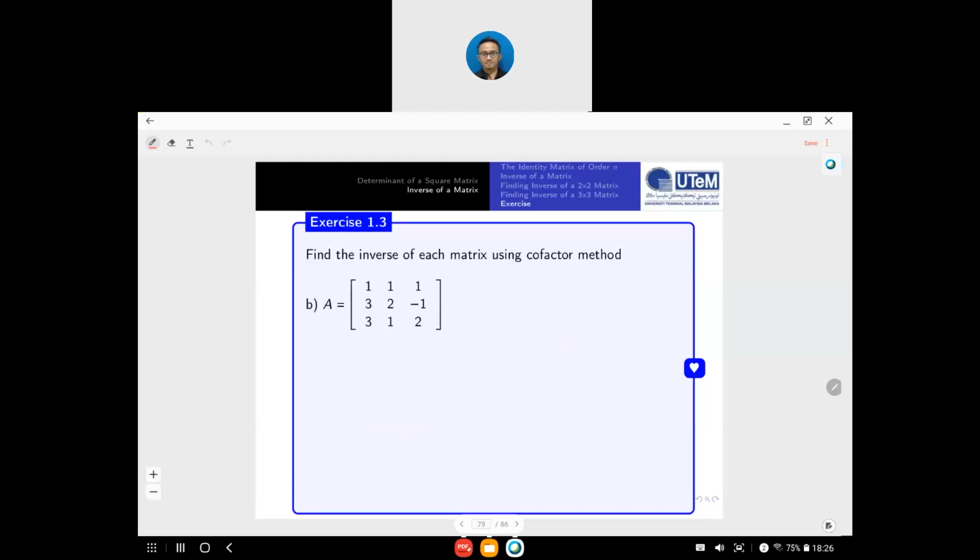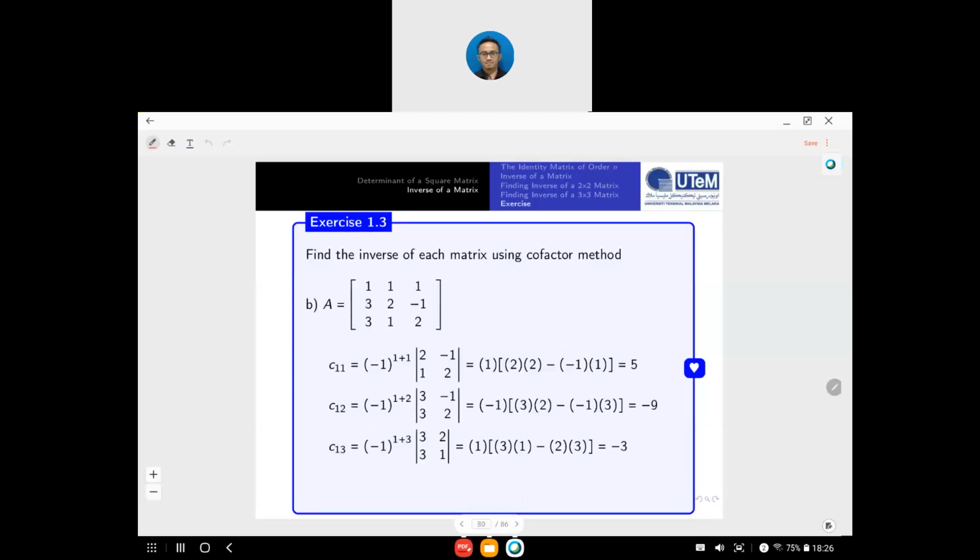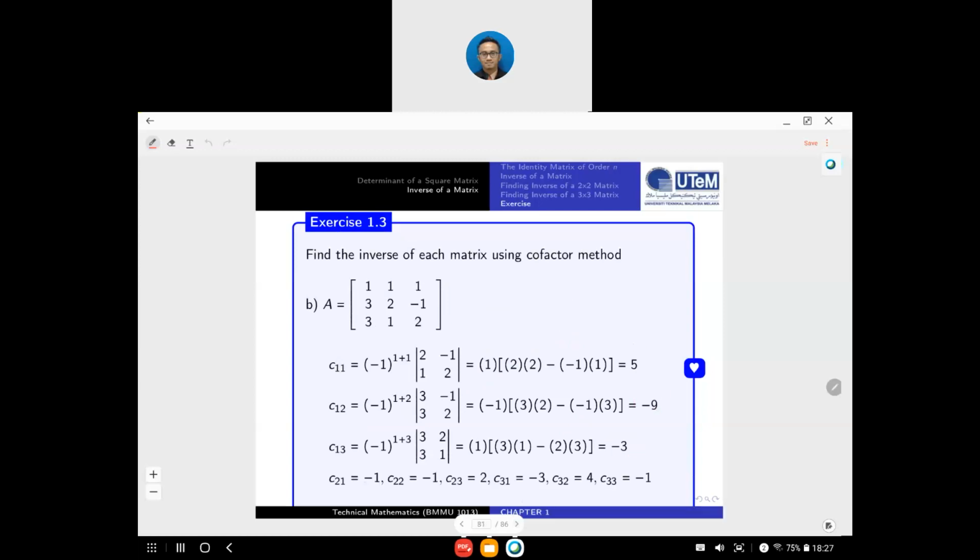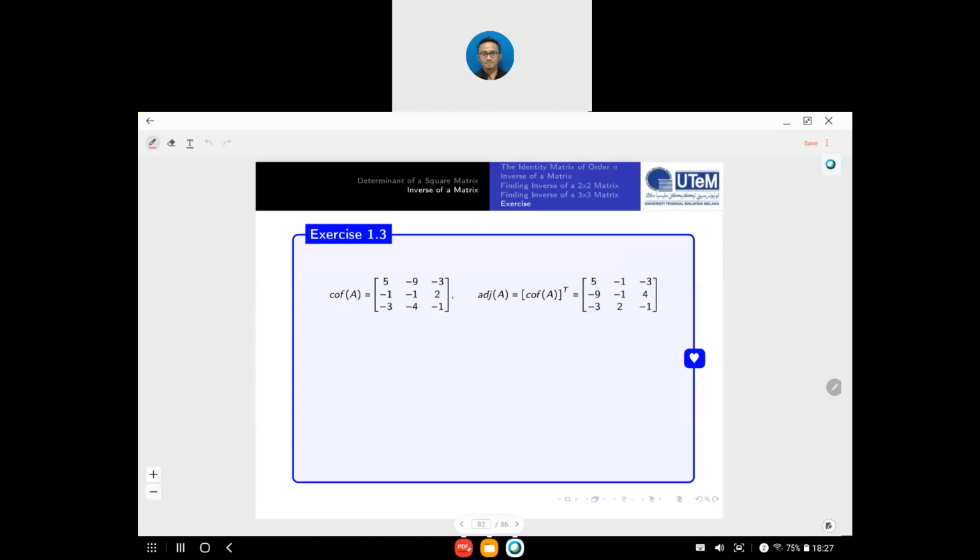For question B, for this matrix, the first cofactors you can get are 5, negative 9, and then negative 3. The rest of the cofactors awak kena kira ya. Saya tulis jawapannya ni. Negative 1, negative 1, 2, negative 3, 4, and negative 1. And then the cofactor matrix, transform to adjoint, whereby adjoint of matrix A equal to cofactor matrix A transpose.